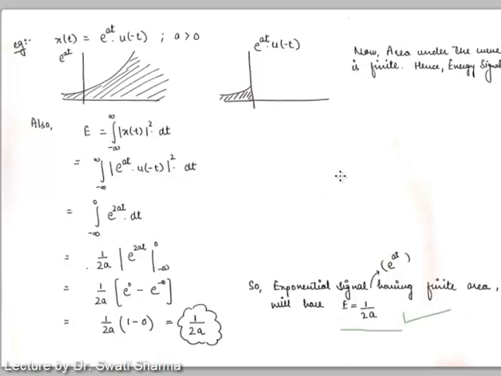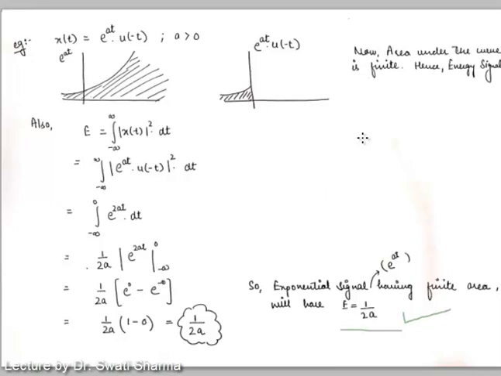Please remember that an exponential signal which is of the form e to the power at, where a can either be positive or negative, and if it is having a finite area, which you can always determine with the help of its graph, as we have just seen that when it is multiplied by u of t, it does not have a finite area, which clearly indicates that it is not an energy signal. And when the same signal is multiplied by u of minus t, then the area comes out to be finite, and hence it is an energy signal. Then the energy is always going to be 1 upon 2a, where a is the power of the exponential.